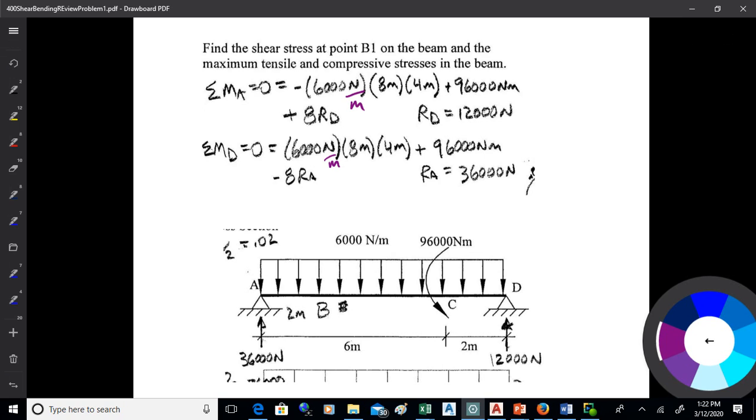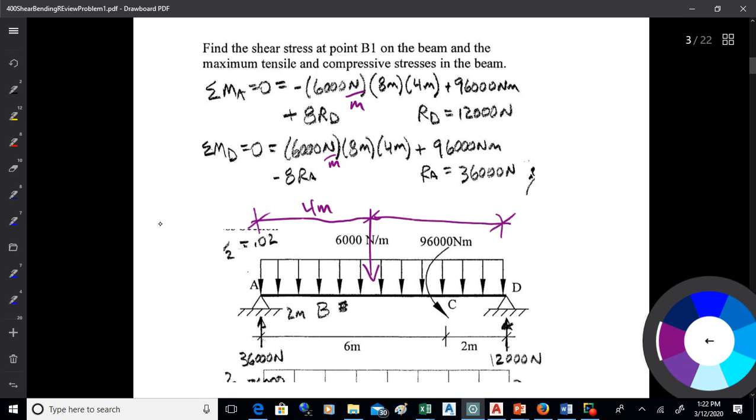And then you're going to apply that force at the centroid, which is 4 meters from here. So you're going to take that 6,000 newtons per meter times 8 meters times the centroidal distance, which is 4, and then add in the couple, plus 8 RD. So RD comes out to be 12,000. Doing the same thing from D, I get RA is 36,000.